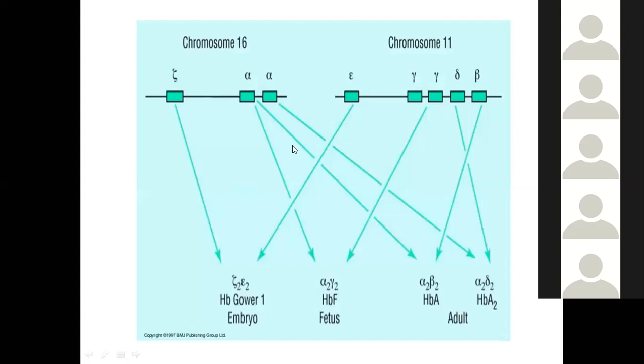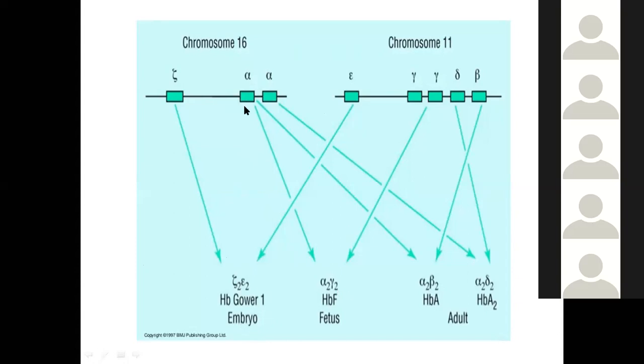Okay, coming to this slide. Now see, chromosome 16 and chromosome 11. I hope you all remember this point. In chromosome 16, we normally have alpha 2 and epsilon... and then delta. The Gower hemoglobin comes from the epsilon and then the delta one.